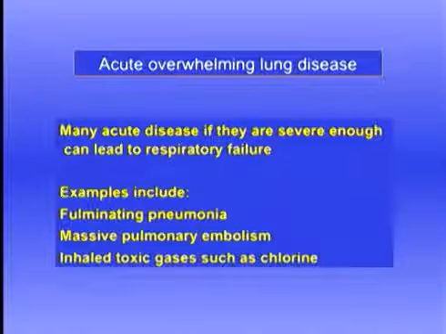Another cause is inhaled toxic gases. An example is chlorine. Now, we sometimes see this in an industrial setting where people are using chlorine, perhaps in a closed space. And there's been some talk about this recently, and I'll just mention it briefly. Chlorine is transported in large tanks, often on railways. And sometimes these go through areas with quite a high population.